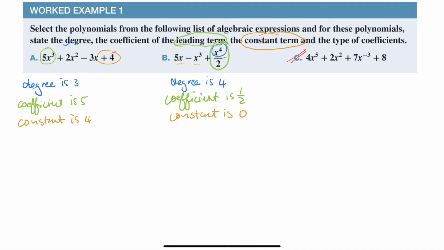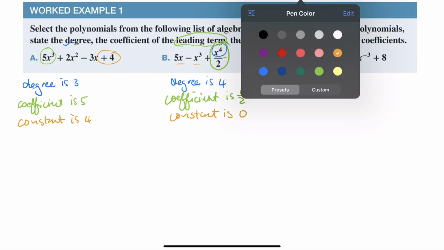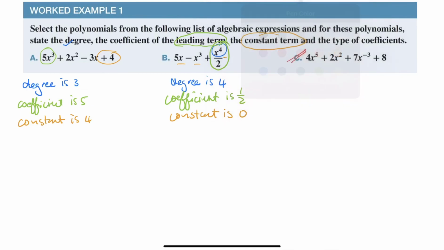And they also ask about the type of the coefficients. So if we look at the type of the coefficients, I'm just going to change the color one more time. Let's take a gray. When they say the type of coefficient, if I look at my first one, I can see all of them are integers.